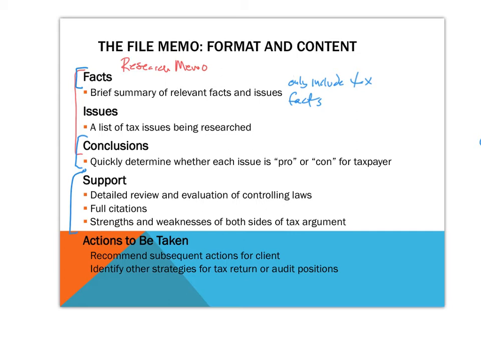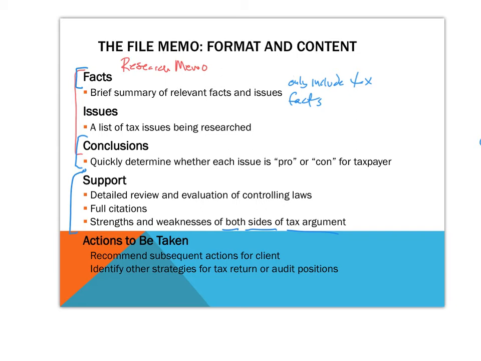This is where you're actually going to cite all of the details of your primary sources. So if you're citing code sections, it goes here. If you're citing court cases, they go here, okay? You need to make sure you highlight the strengths and weaknesses of both sides of an argument. So you need to find court cases that agree and disagree, right? And we'll talk about this in class as well, because we're going to get the opportunity to do some research in our next class.